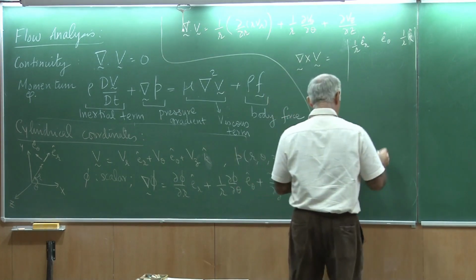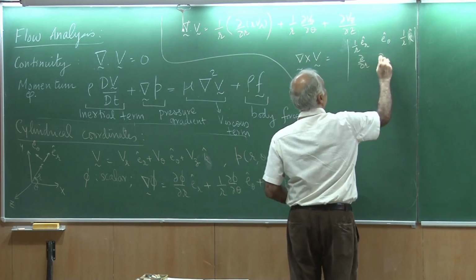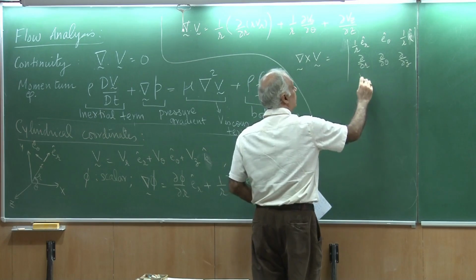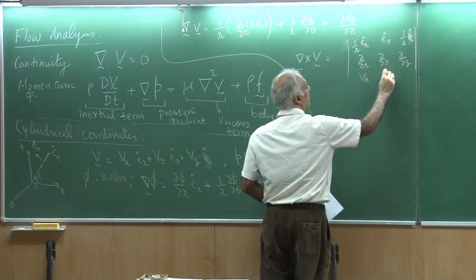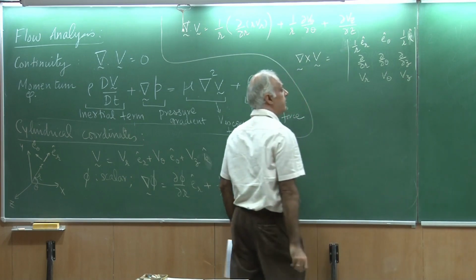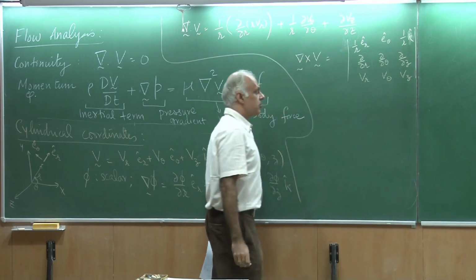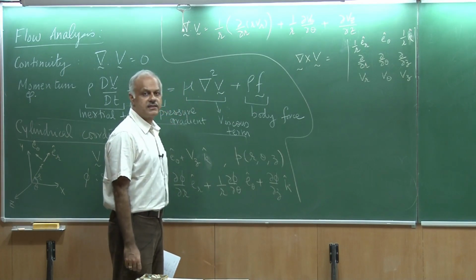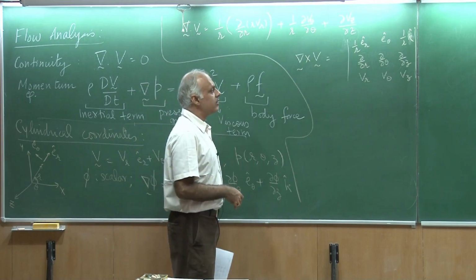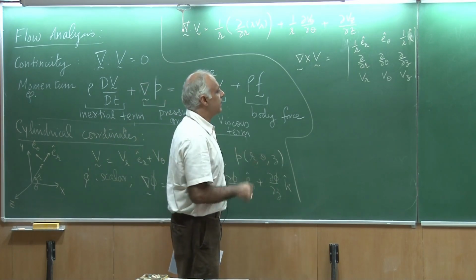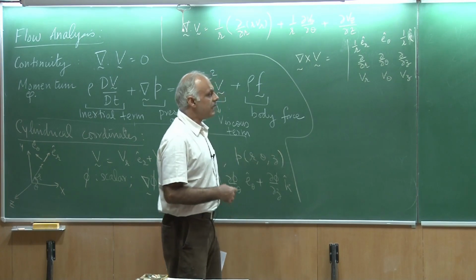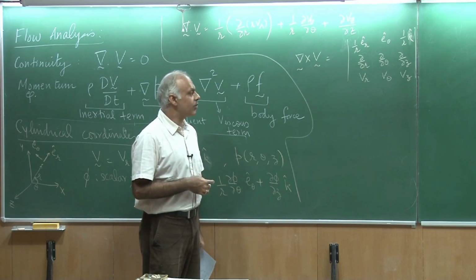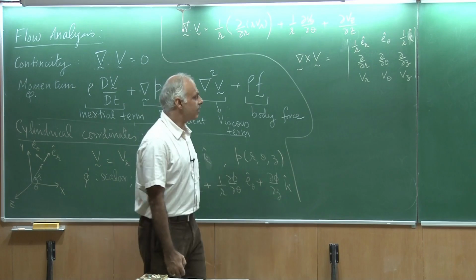And then here I would have del by del r, del by del theta, del by del z, and I would put the components here as Vr, V theta and Vz. So by evaluating this determinant, you could get the vector value of the curl of velocity. So it's a little bit different than how you would evaluate it in the Cartesian coordinate systems, but you must keep this in mind, because sometimes if you have to solve the equations in a geometry which is more amenable to cylindrical coordinates, then this would be the right way of analyzing the flow.